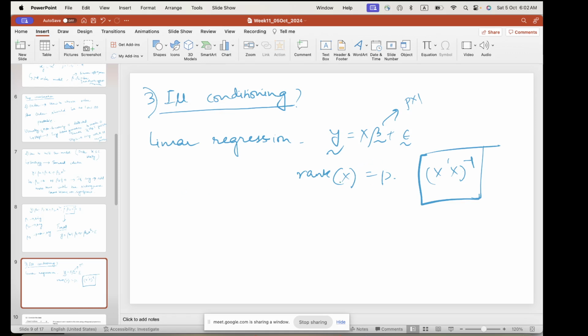So if rank X equal to p, we'll say that it's a full rank matrix, and then we'll get a unique X prime X inverse. And then, as we know, beta hat equal to X prime X inverse X prime y. Alright, this is one condition that we have.